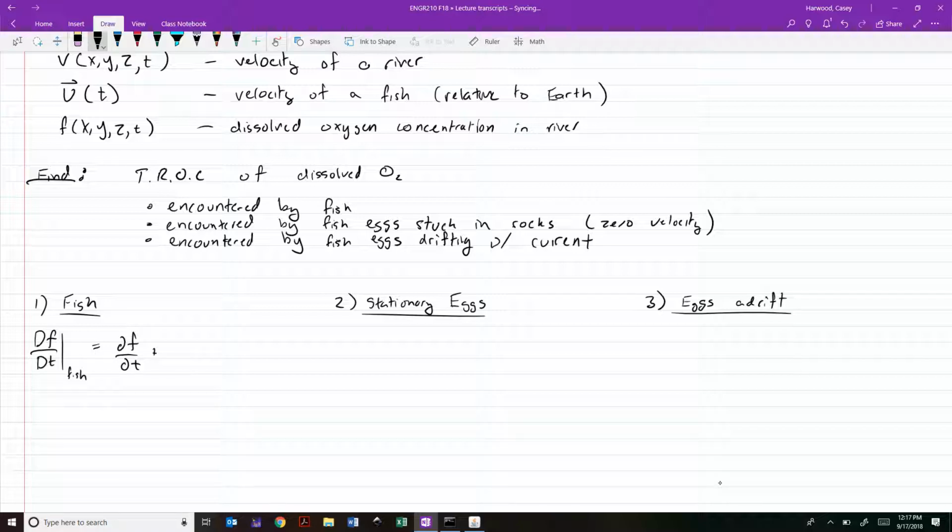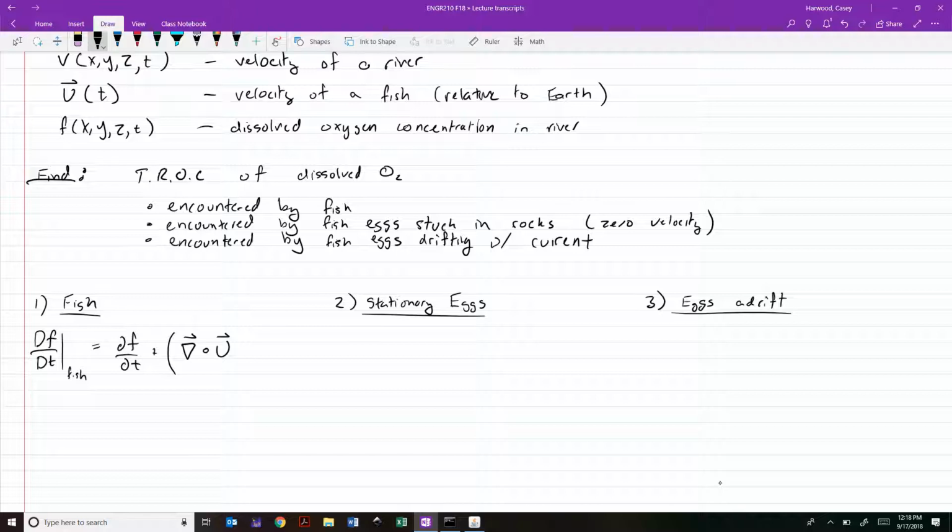We can go ahead and write it in a vector form. We've got our gradient operator dotted with what? Isn't that a u for the velocity of fish? It's going to be u, right? Why isn't it v? Any ideas? Because it's relative to the Earth, so it already includes that.